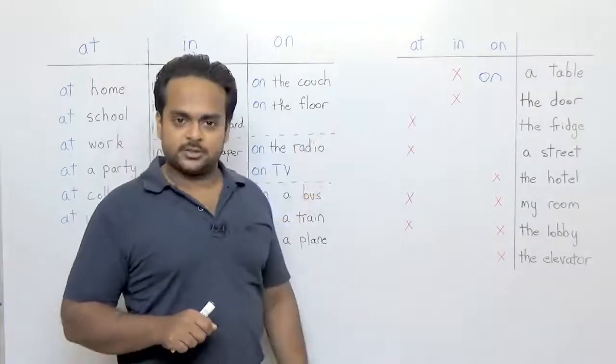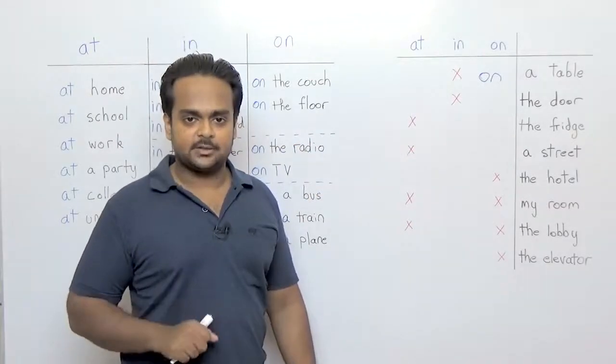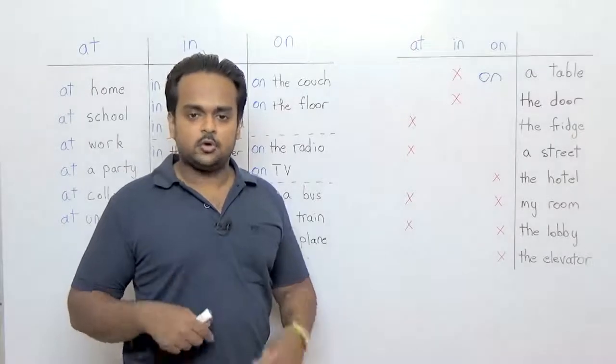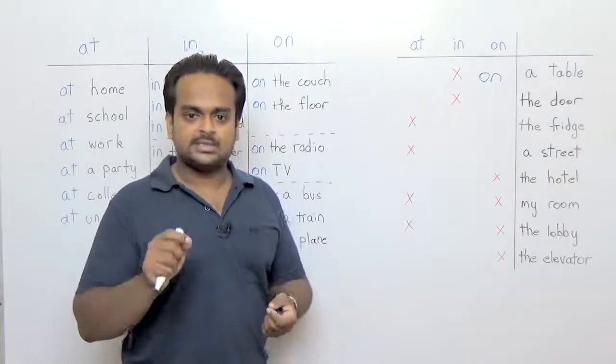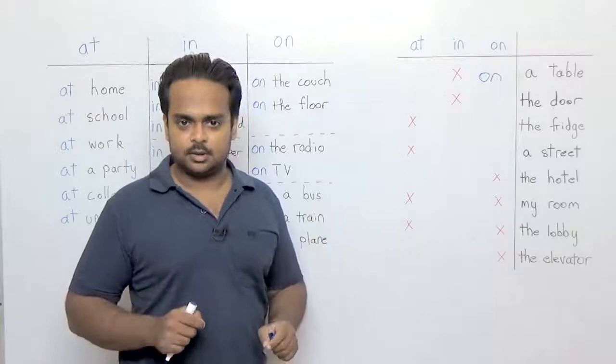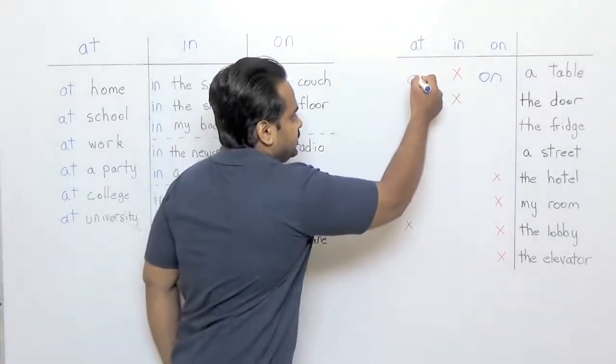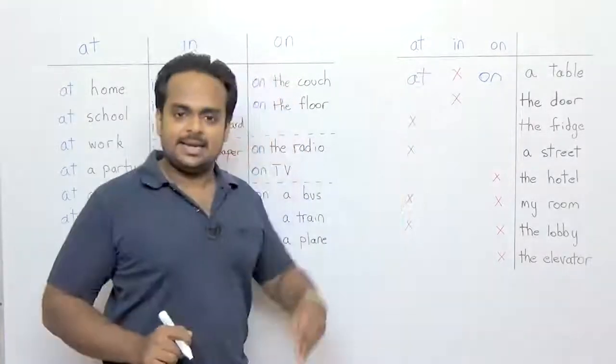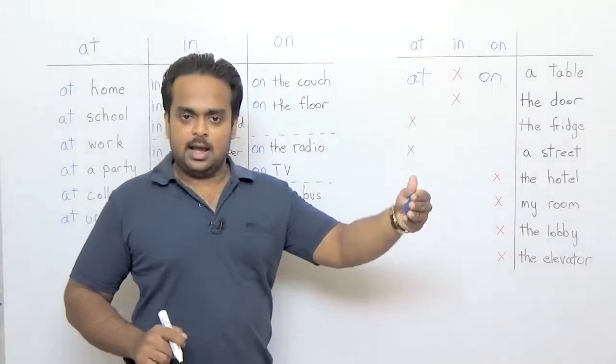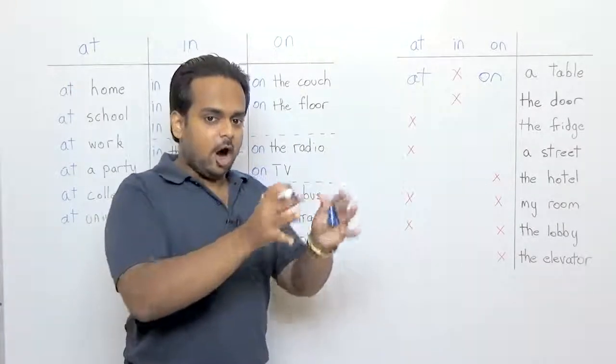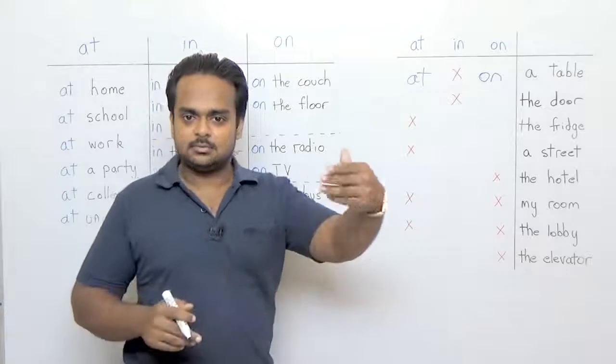But what about at? Can you use at? Well, yes. If you go to a restaurant, you will sit at a table. That means that you're sitting next to the table, but you would be sitting on a chair and you would be eating at the table.